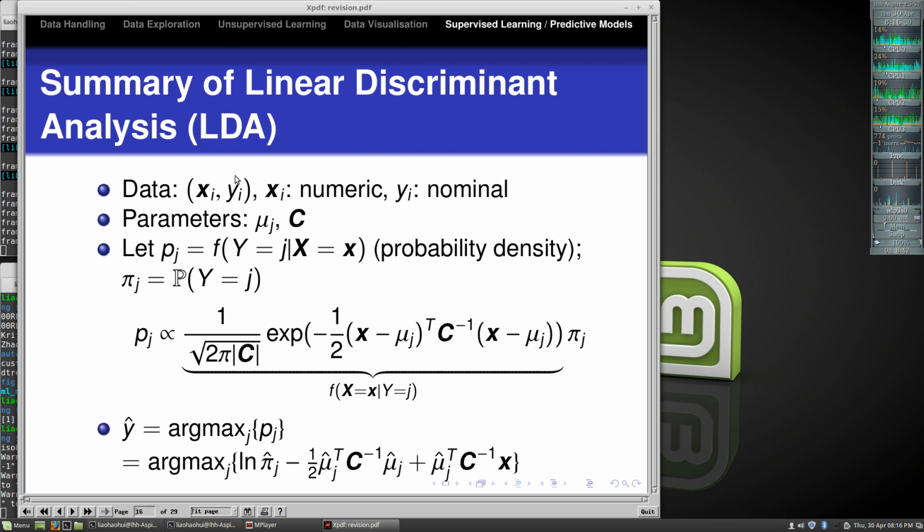So linear discriminant analysis and logistic regression are parametric models. We have parameters which we need to go and estimate. The model is rather simple: the posterior distribution is related to the product of the conditional probability and also the prior probability.